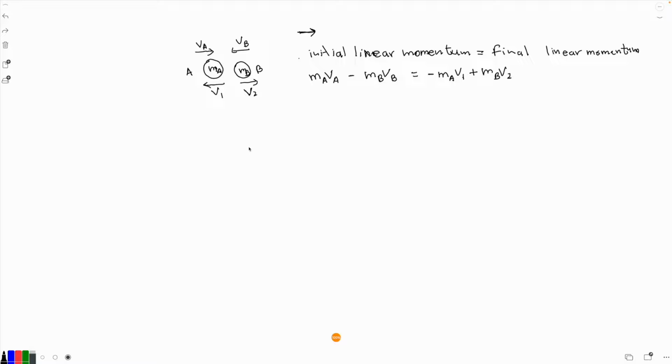Next, I am going to talk about Newton's practical law. This law is also about collisions between objects. So I take the same example, sphere collision of A and B. Here Newton introduced a new constant, called the coefficient of restitution between two objects.